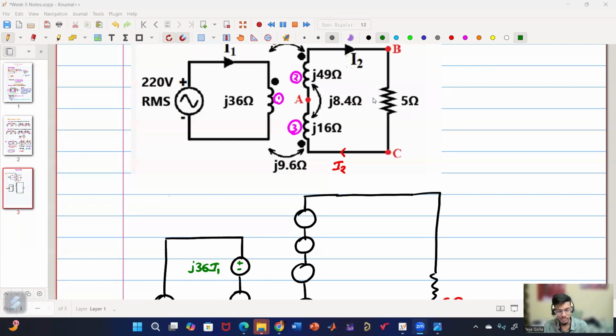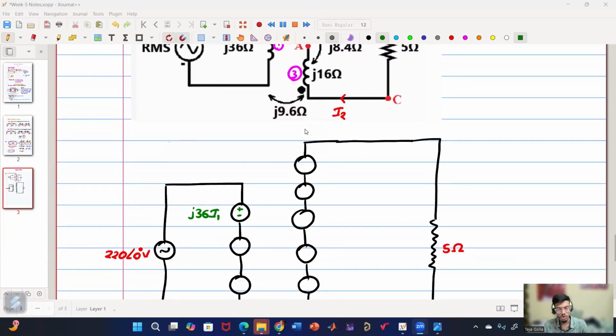Yes, sir. Okay. So now for coil 3, because of the self inductance, will the polarity plus be on the top or at the bottom? Top, sir.